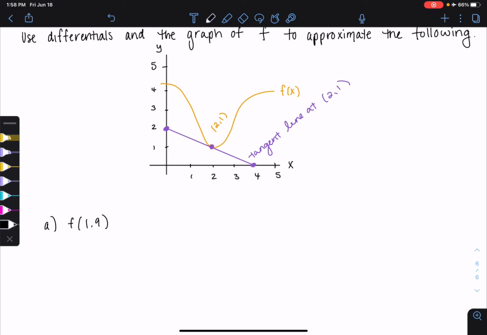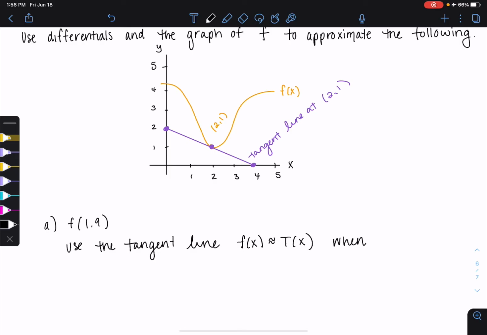So what I want to do is we want to use the tangent line, which is f of x being approximately equal to this tangent line to help us figure out what this quantity is. So then this is when x is around equal to 2.